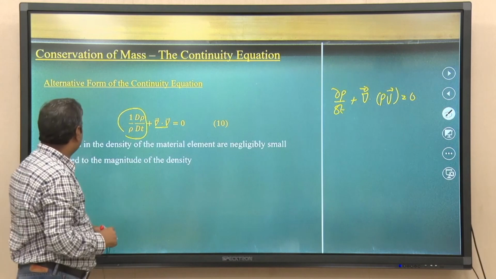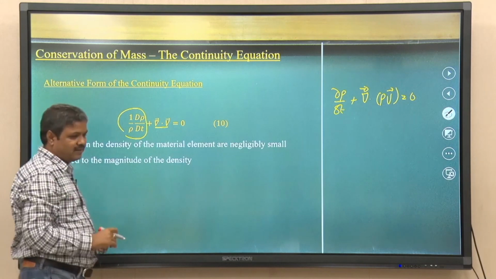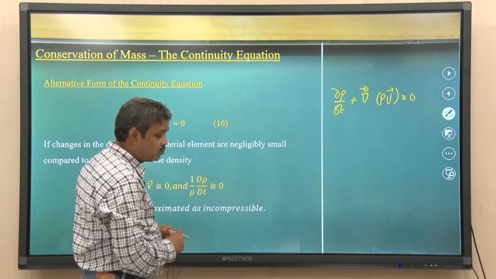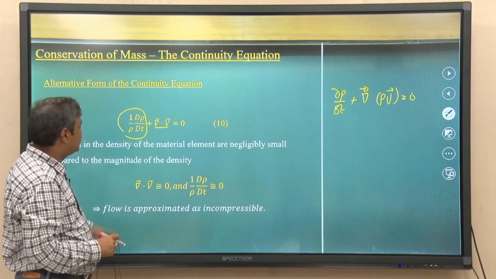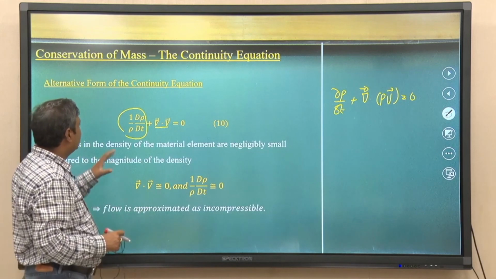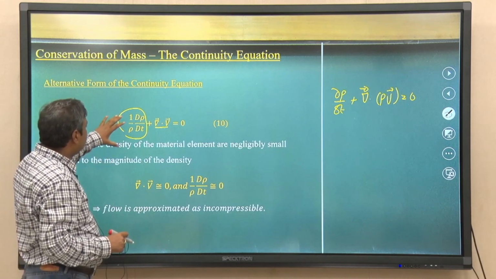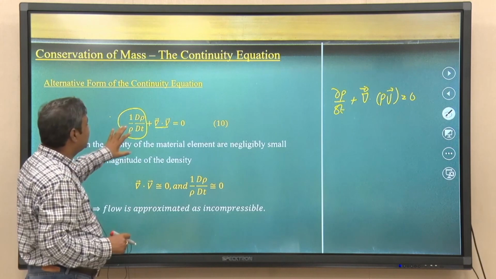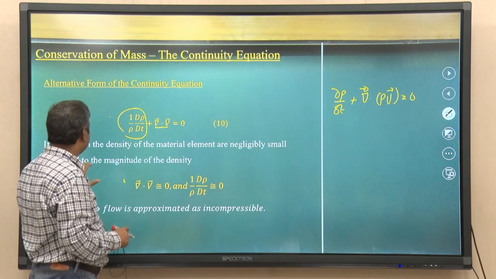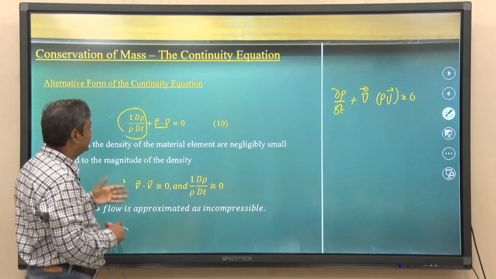Okay. If you look at that part, we are looking at the change of the density in a material element being negligibly small compared to the magnitude of the density.